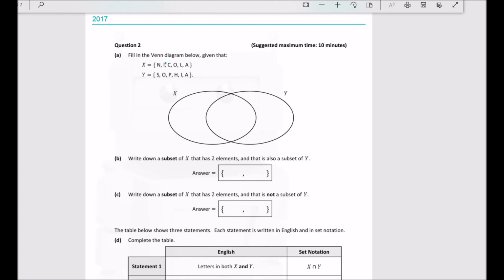Well, I see an I. Y is there and there. I see both have A's. And I see both have O. Okay, so then in X on its own, it has an N, a C, an L, and in Y it has an S, a P, and an H.